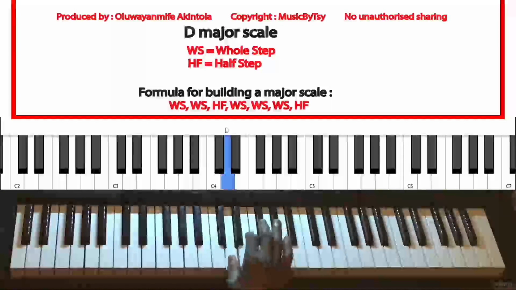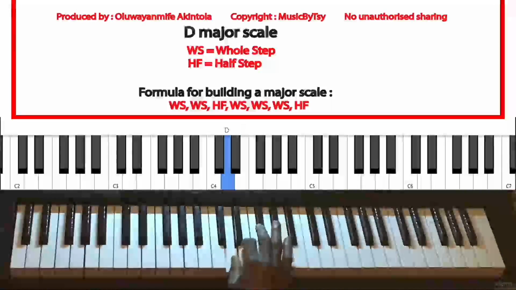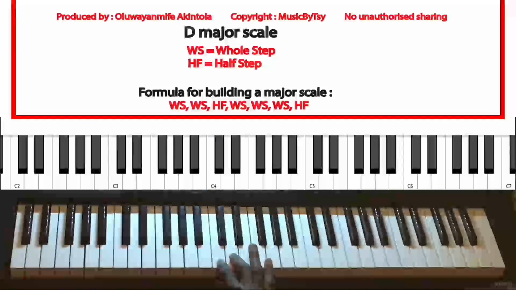So moving from one key to another key and skipping a key in between is known as moving up by a whole step. Of course, if I move from the key of D to the key of C, then that means I've moved down by a whole step. So when you move from one key to another key and you skip a key in between, then that means you've moved by a whole step.